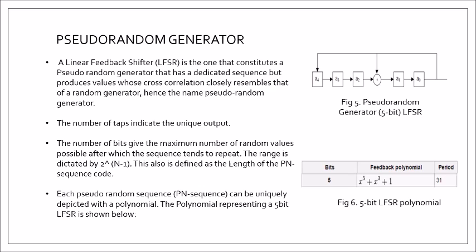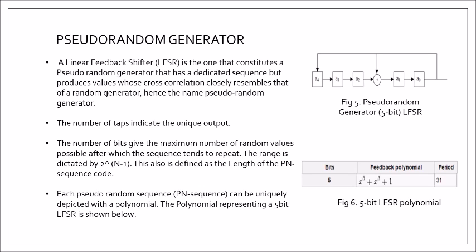Pseudo-random generator. A linear feedback shift register is the one that constitutes a pseudo-random generator. It has a dedicated sequence but produces values whose cross correlation closely resembles that of a random generator. Hence the name pseudo-random generator.